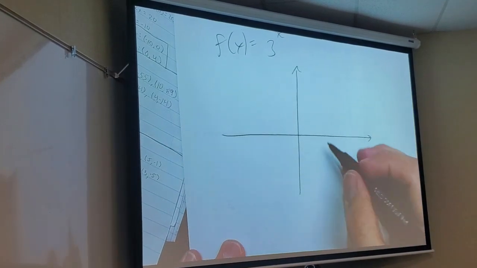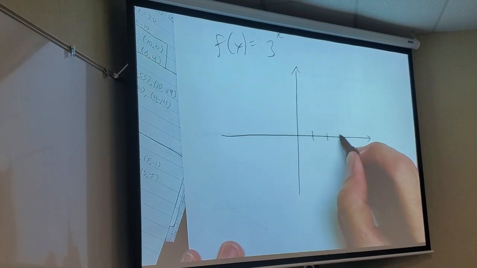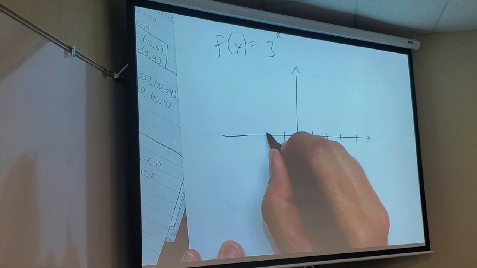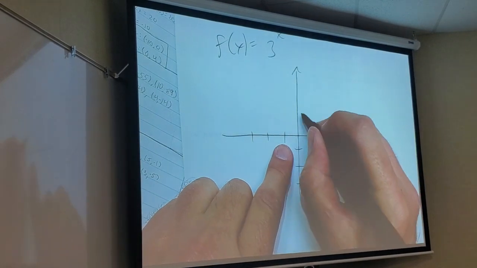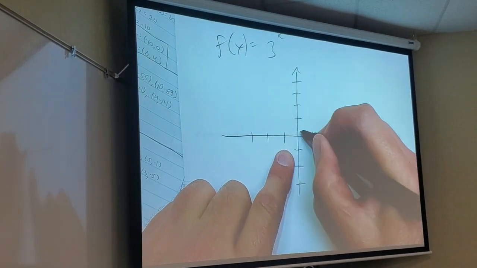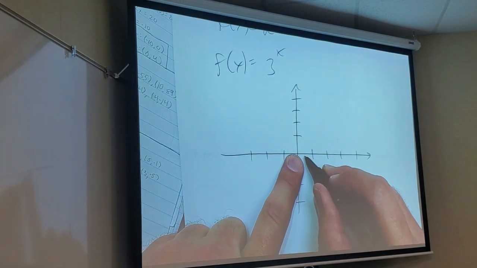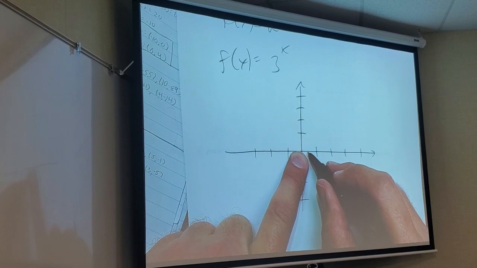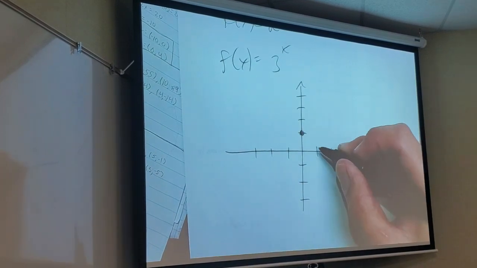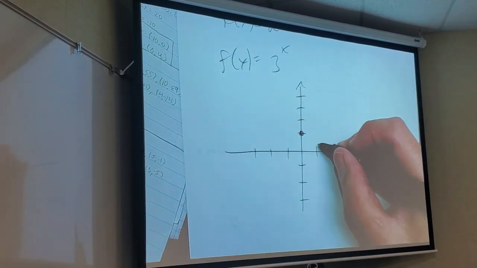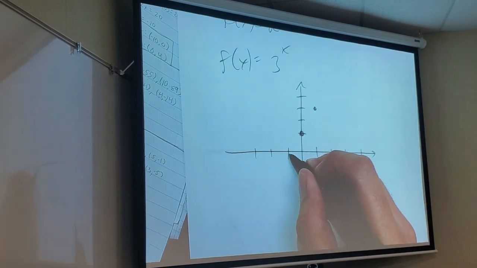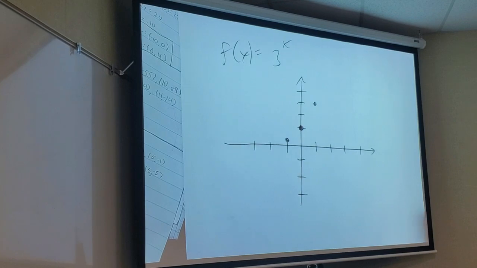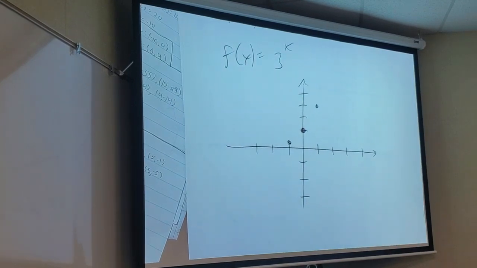At 0, 3 to the 0 power is 1. What's 3 to the first power? 3. And what's 3 to the negative 1 power? 1/3. I like it. So those are my base points.